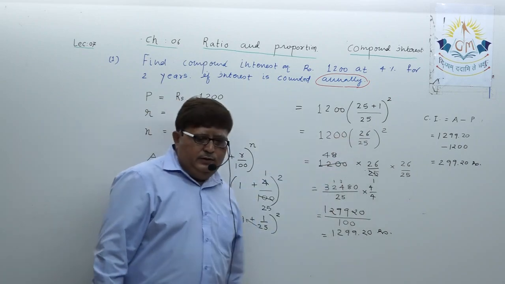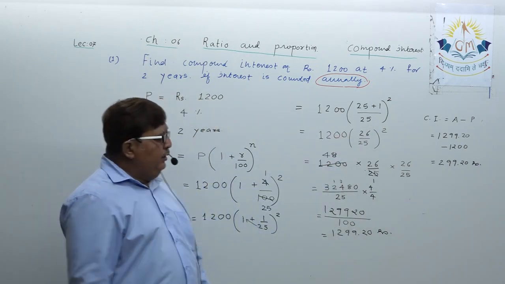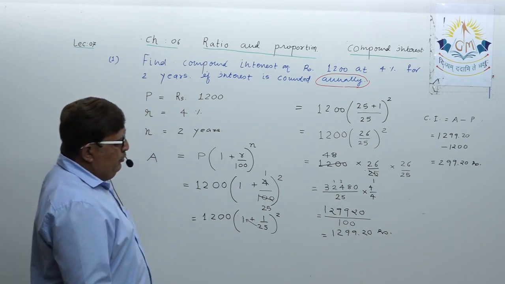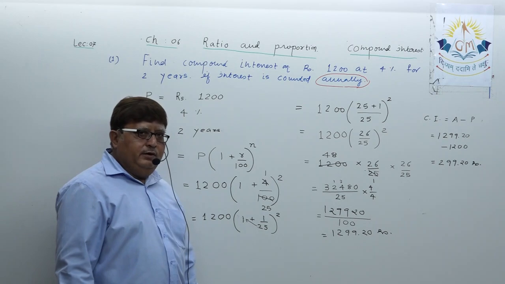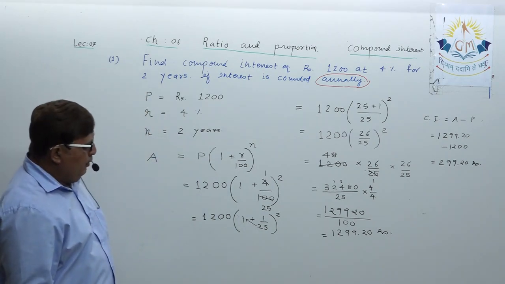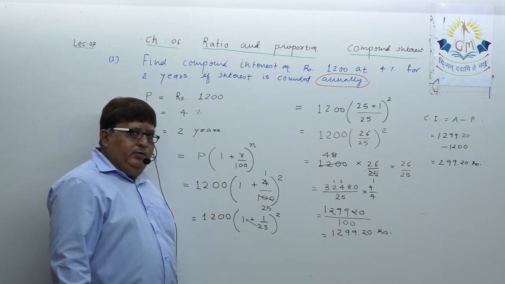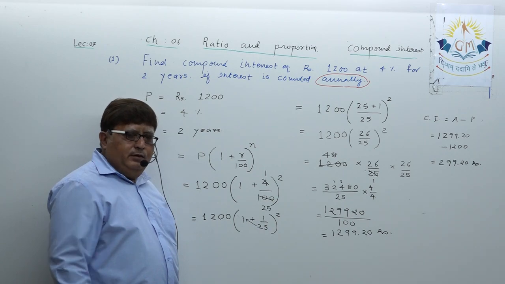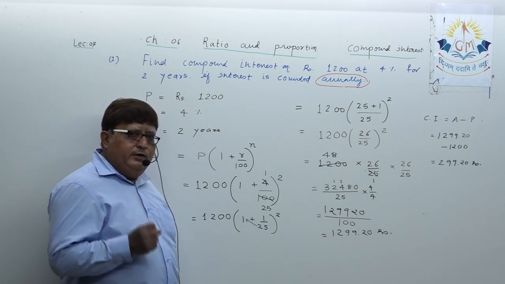Then CI equals A minus P, 1299.20 minus 1200. How can you be sure? Understand, it's common sense.